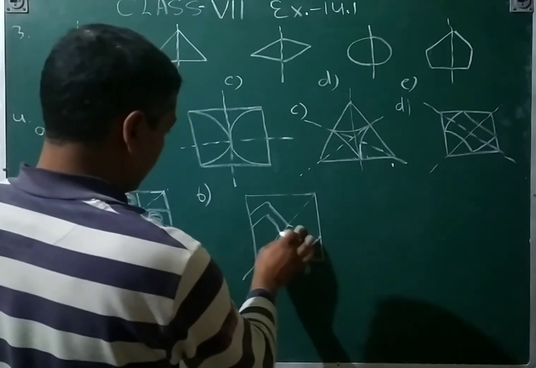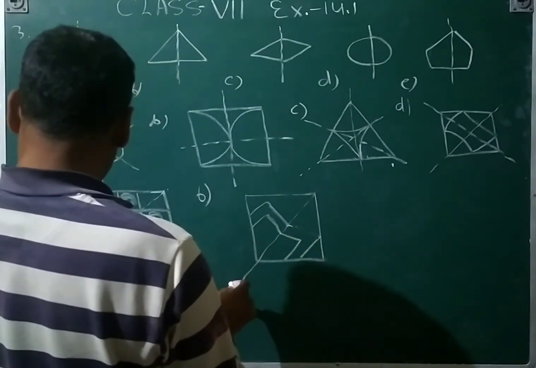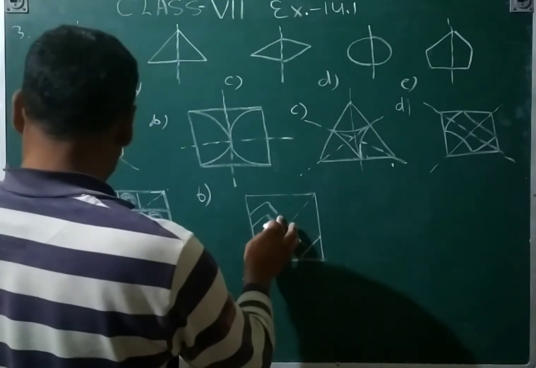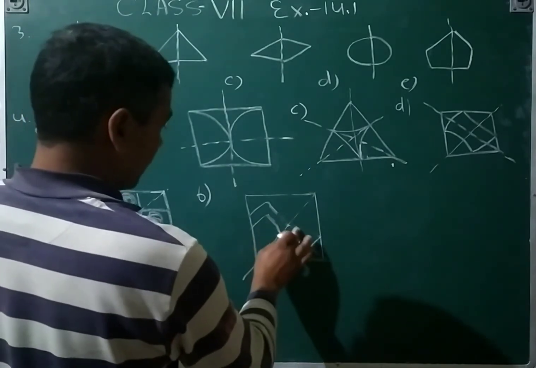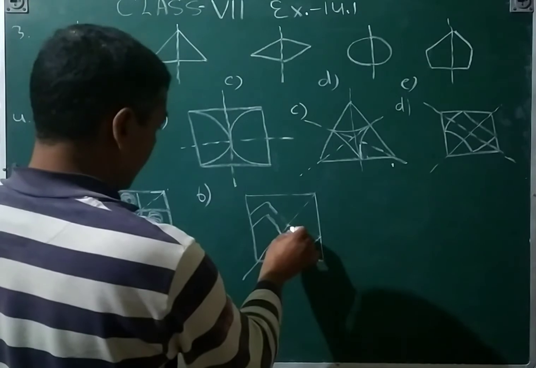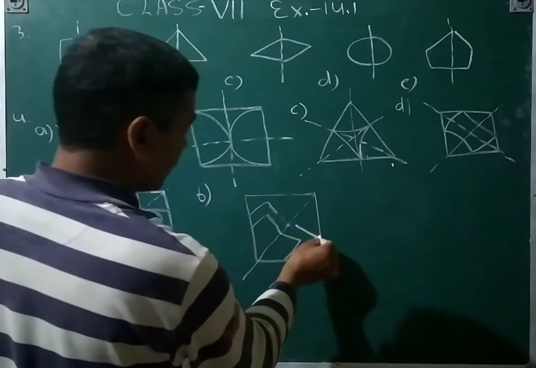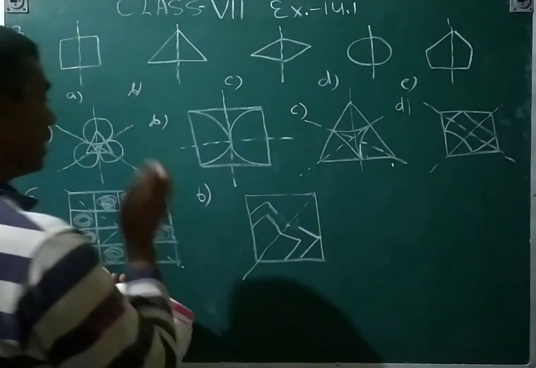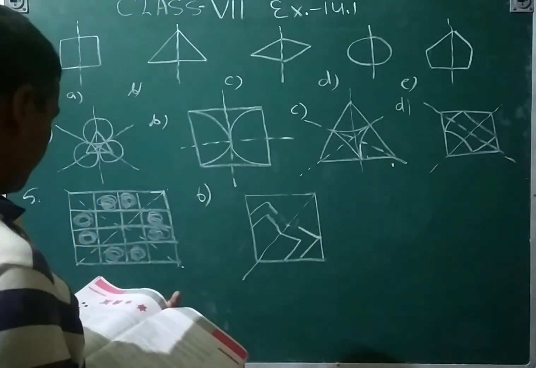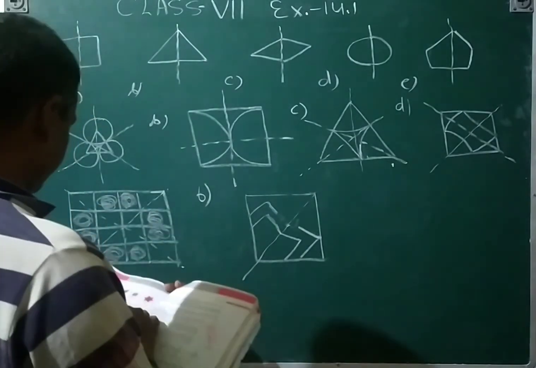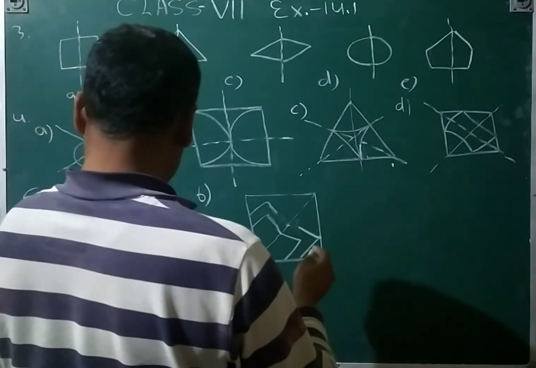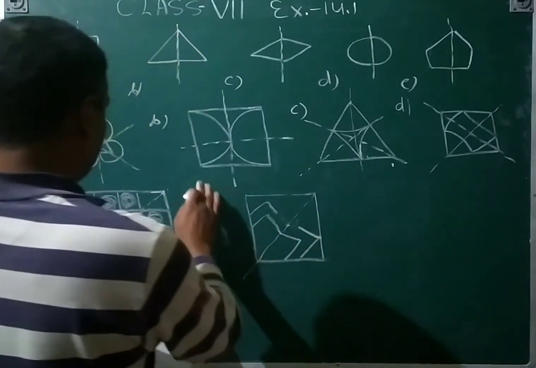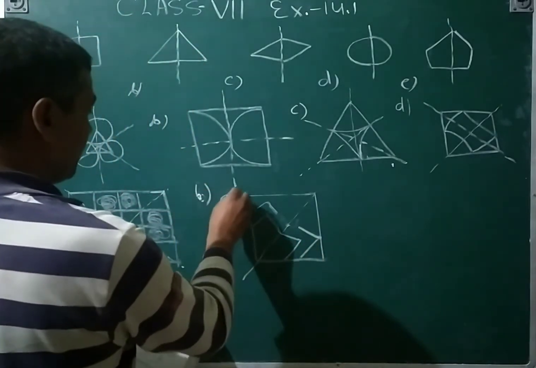Just a minute. This one is the diagram up to here. So that will be up to here, this one also, right? When you use the graph, then your diagram must be clear. And then this is the 6th A part.